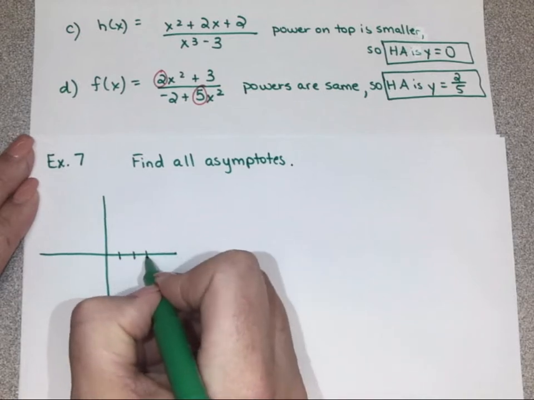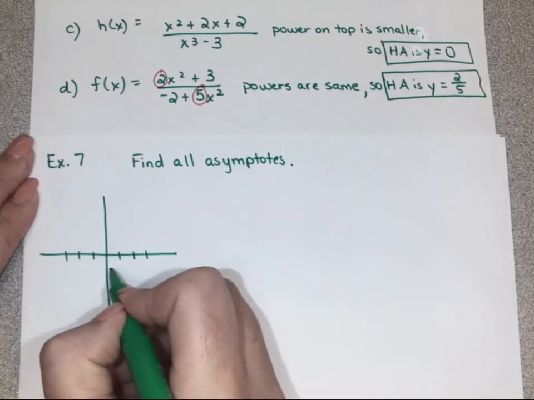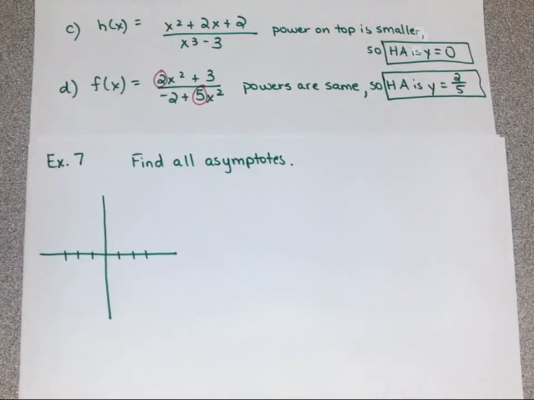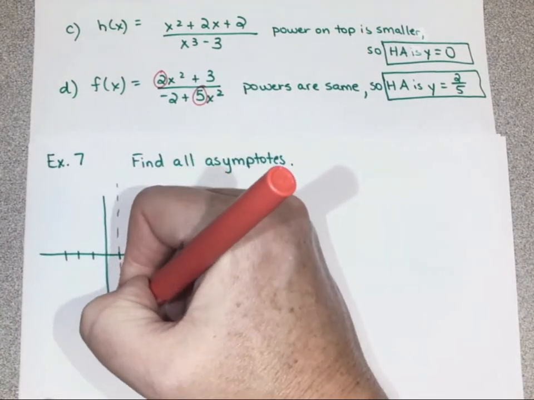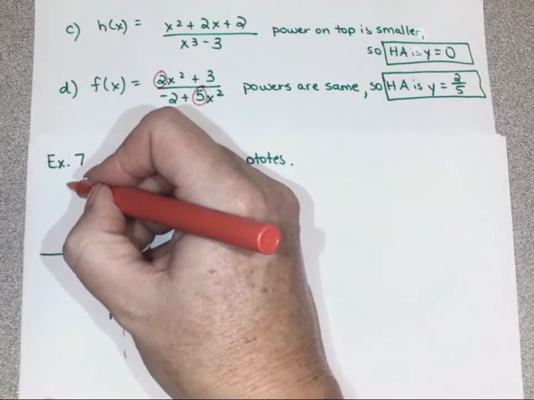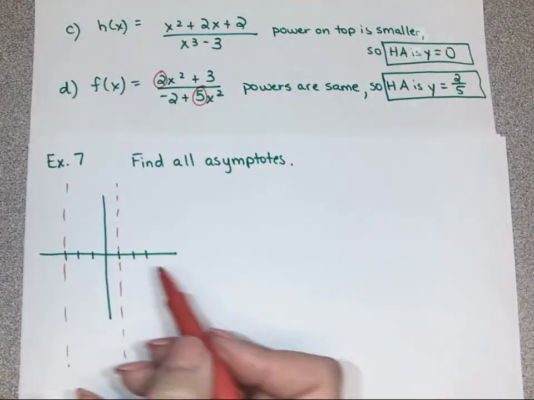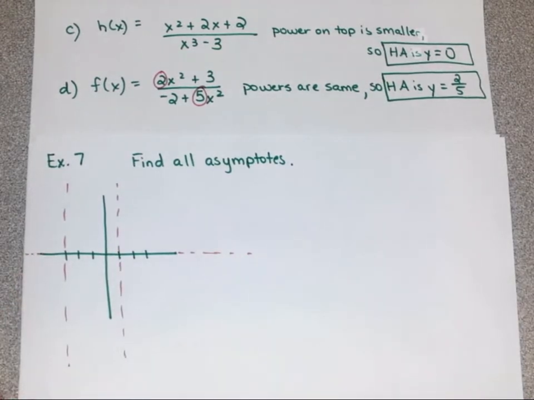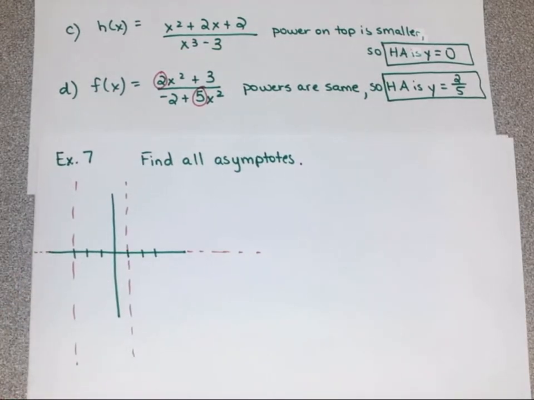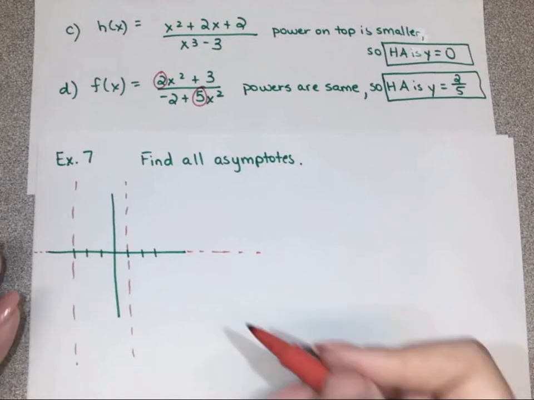So let's say we just need to go out maybe 3 in every direction. And then let's say that we are going to have a boundary line here, here, and then here. Okay, so notice I'm showing with dashed lines where the boundaries are.